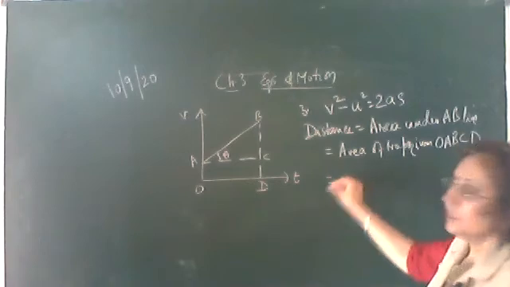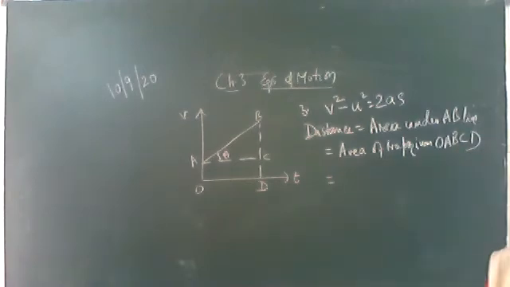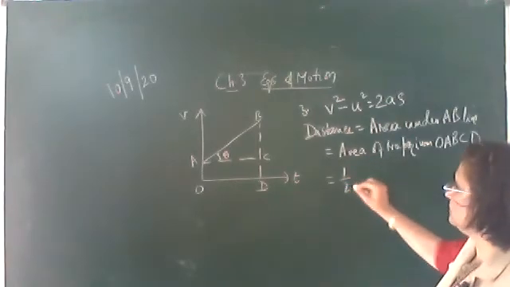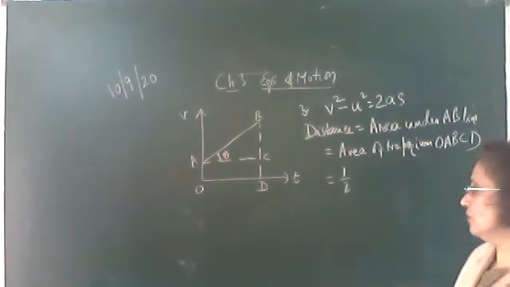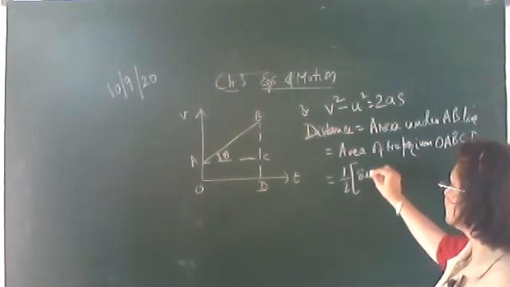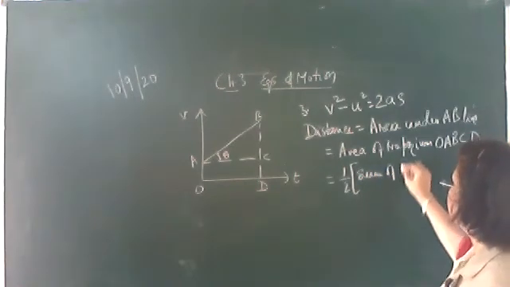We know that the area of a trapezium is half the sum of the parallel sides into the height. Area of a trapezium, in maths you have studied in the lower classes.